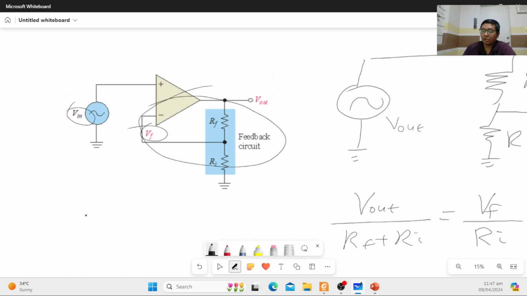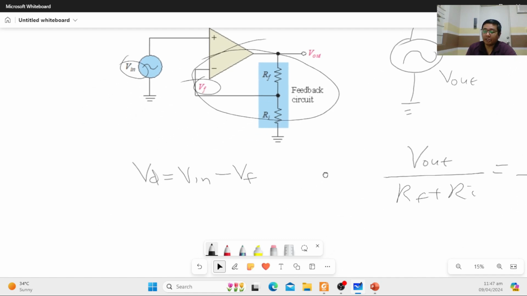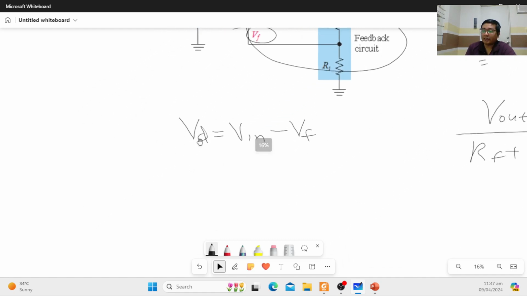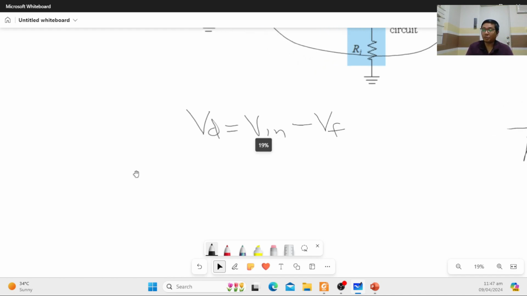So we can write down the differential voltage as V sub D equals Vin. And since ang VF natin ay naka-feed into the inverting input, meron tayong minus VF. So that is our differential voltage. So that differential voltage, yan yung ina-amplify natin. No? So ima-minus mo muna yung dalawang input mo and then multiply it by the voltage gain, in order for you to get the output.